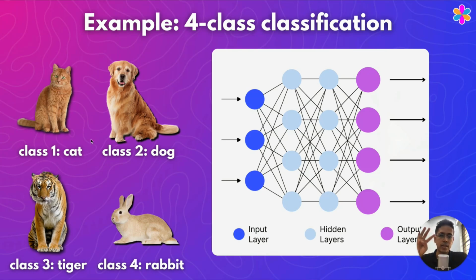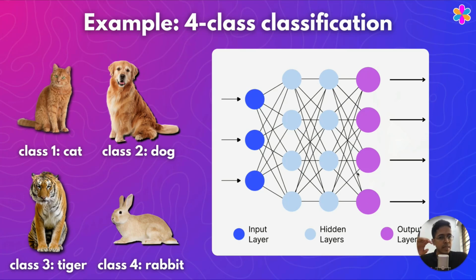We have 4 classes. Class 1 is cat, class 2 is dog, class 3 is tiger, and class 4 is rabbit. So this is an image classification problem where, given an input image, we are trying to classify it into one of these 4 classes. And because it's a 4-class classification problem, the output layer should have 4 units. So that's why here you can count 4 of them.